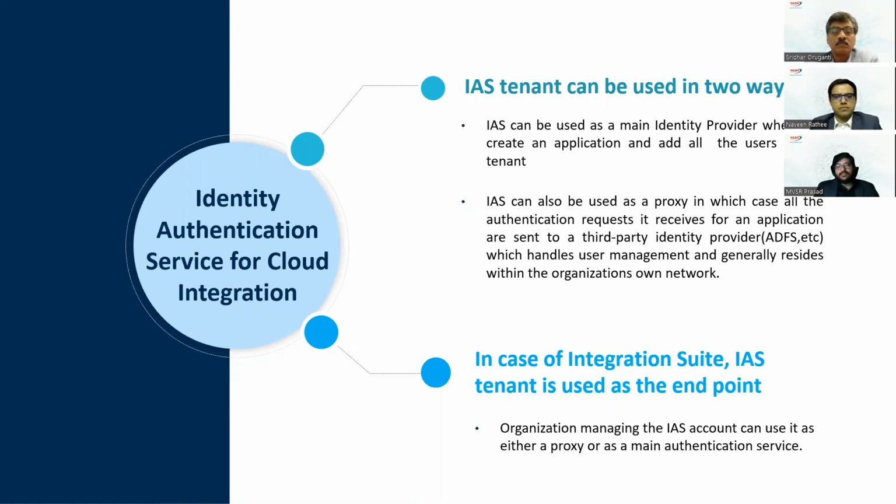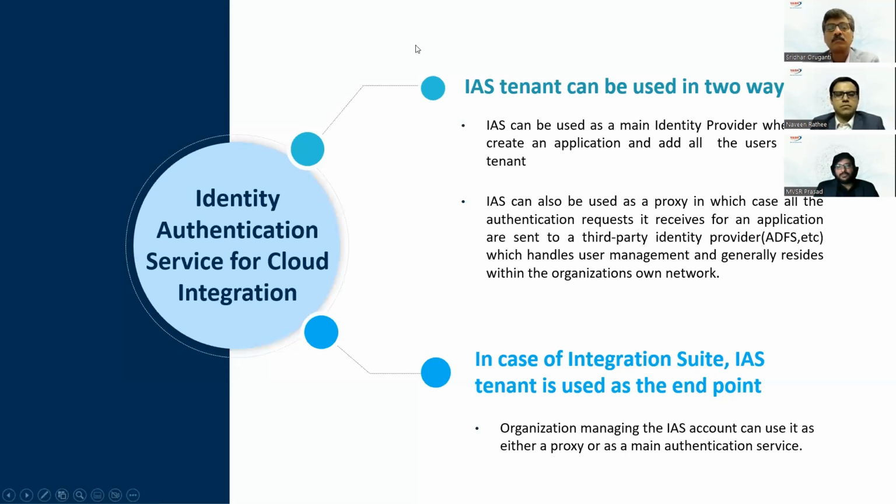The other part is that unauthenticated access can be avoided, where the users in Integration Suite need to be authenticated by the IAS first. Only then can they have access to the Integration Suite, where they can see all the integration scenarios. So these are the IAS aspects.